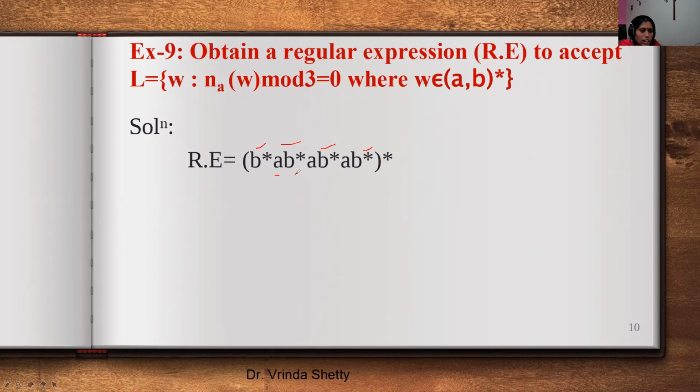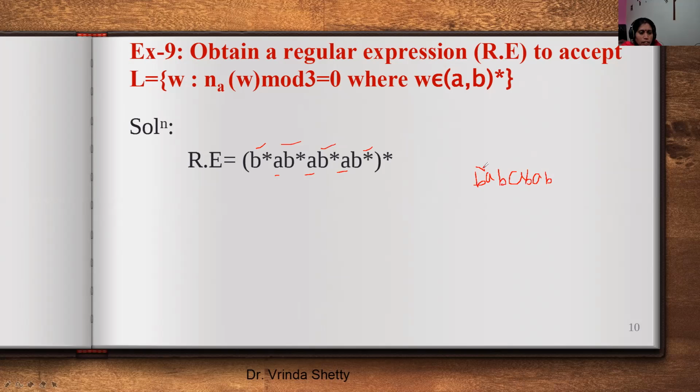So we'll write here 1a, 2a, 3a. As there is no restriction on number of b's, everywhere we have to include a b star, such that star indicates 0 or more. It may be there or it may not be there. So that's why we'll take the 3 a's, because there should be minimum 3 a's. Here it can have any number of b's, here also any number of b's can be there, here also, here also any number of b's.